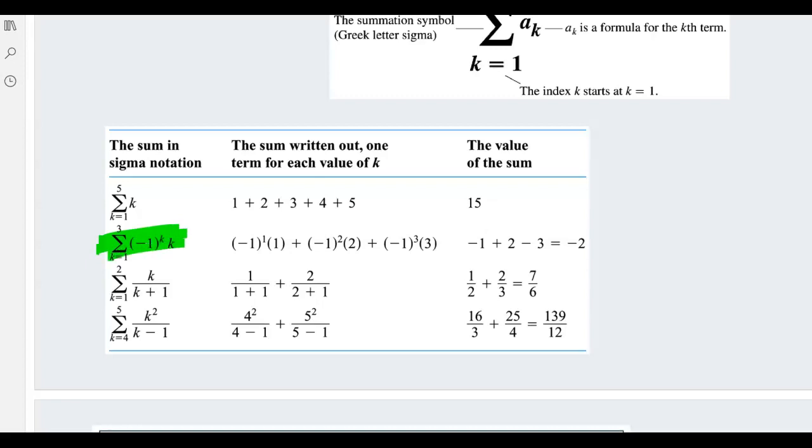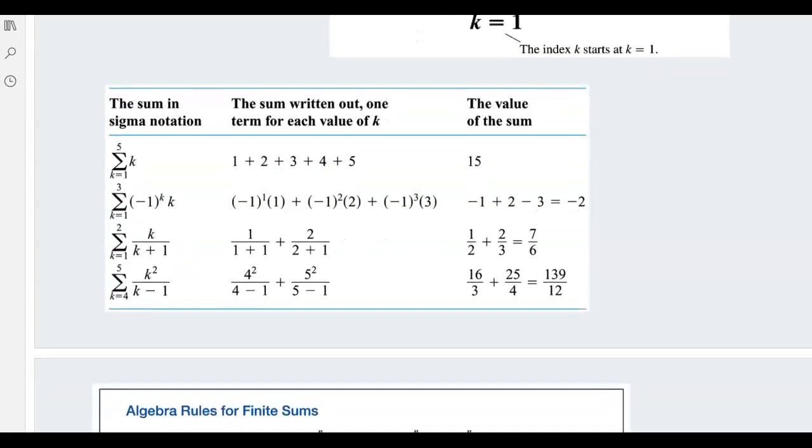This negative 1 to the k power is going to alternate between positive and negative values. So when I raise to the first power, I'm going to get a negative. When I raise to the second power, I'll get a positive, and so on. And then that second part, k, that's on the outside, we're just multiplying by 1, 2, and 3. Adding all of those together, I end up with negative 2 as a final answer.